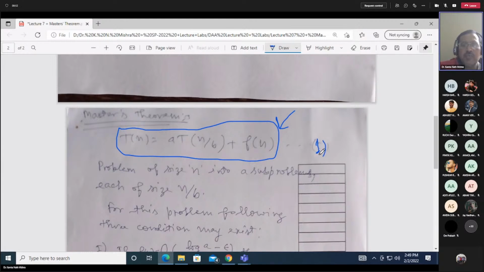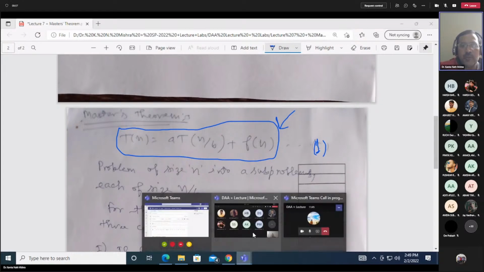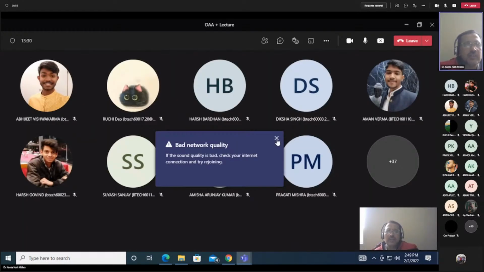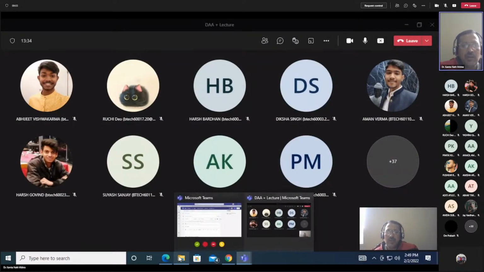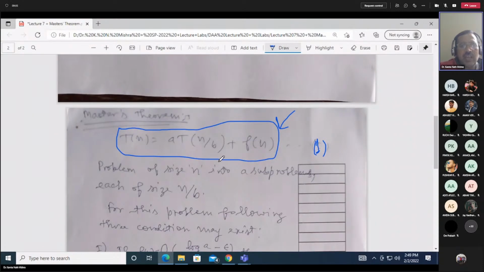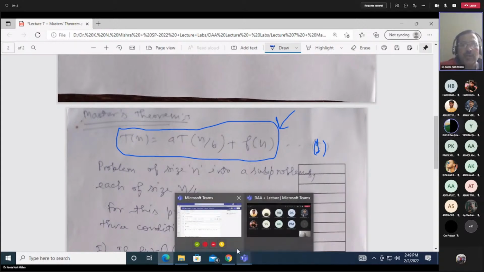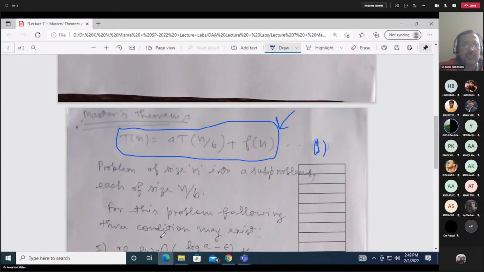So in this equation 1, what are the different symbols that we have used? What is a, what is b, what is n, what is f(n)? f(n) can be a function. a and b can be numbers.